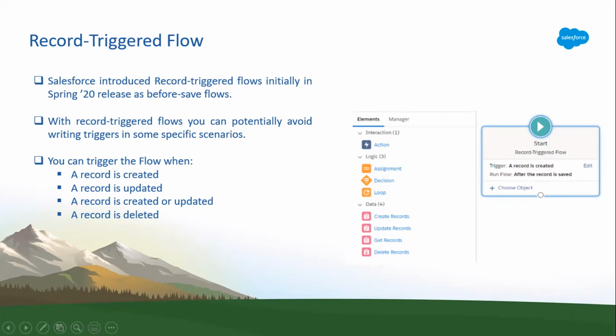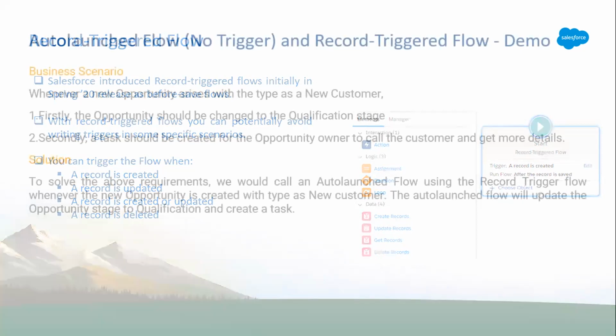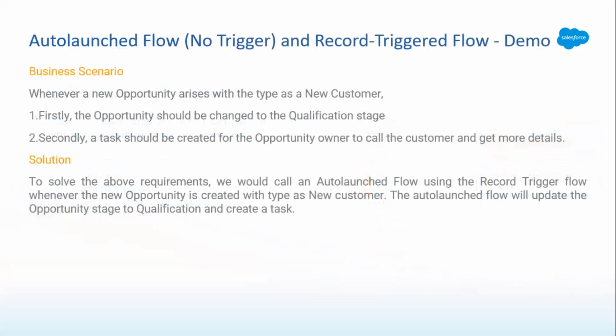Now we'll see both the auto launch flow and record triggered flow in a scenario. Here I have selected a small scenario. The scenario is when a new opportunity is created with the type equal to new customer. First we need the opportunity stage to be updated as qualification, and then we need a task to be created, assigned to the opportunity owner, to call the customer to get more details.